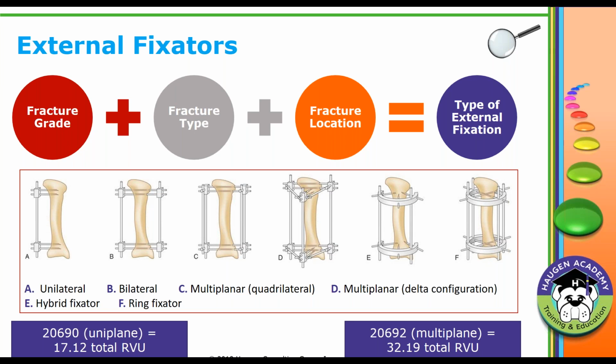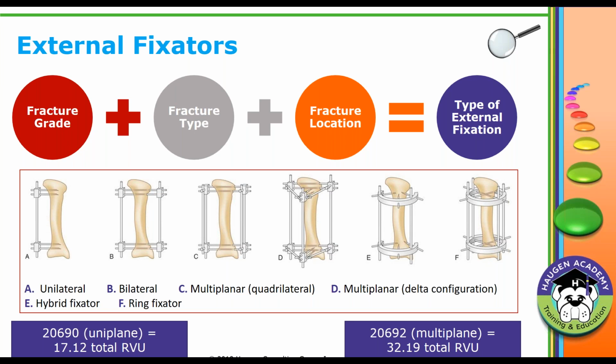So for CPT, your options are going to be a uniplane, so that's 20690, and that's when the pins and the wires are just in one body plane, or a multiplane, where the pins and the wires are in more than one plane. So this, again, was one thing I had to look up. You can always Google these if you need to see the specific type to decide between these two codes.